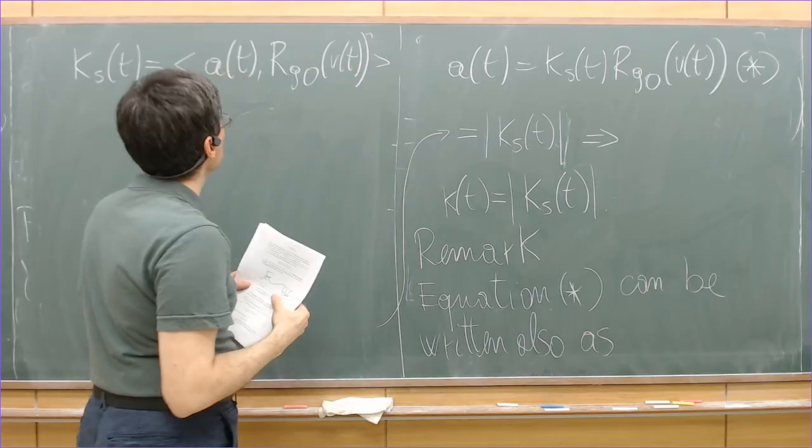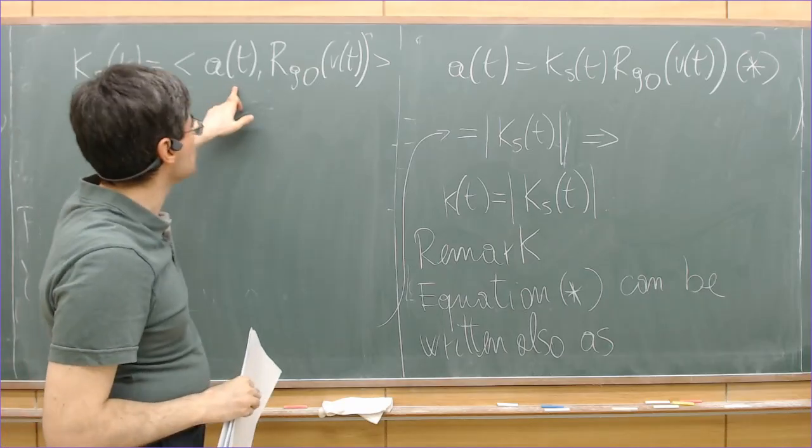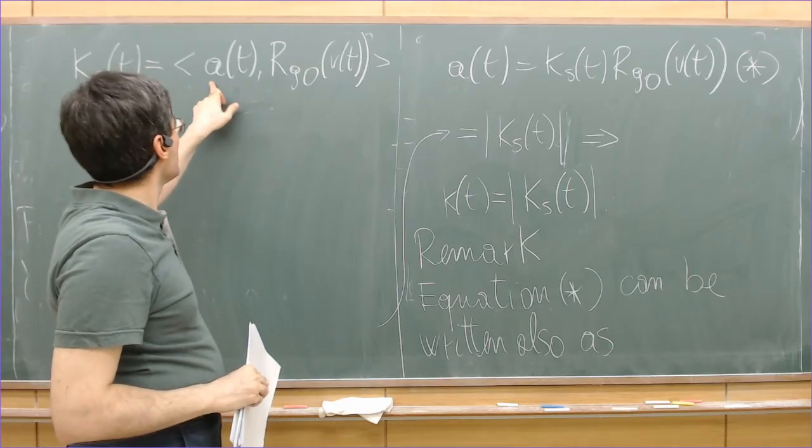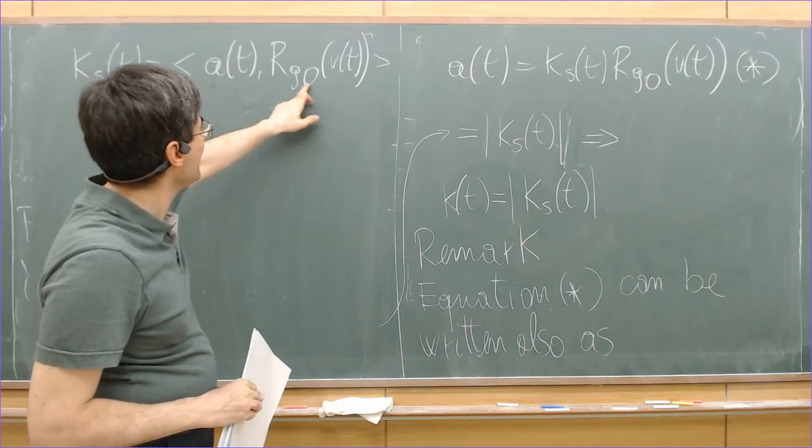So in other terms, ks(t) is a component of A(t) in the direction given by R90 V(t).